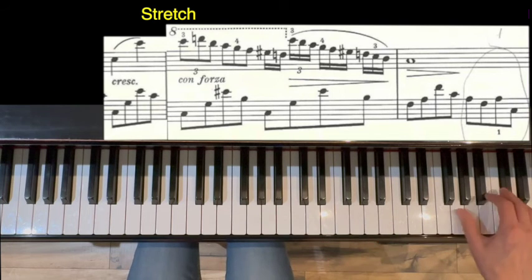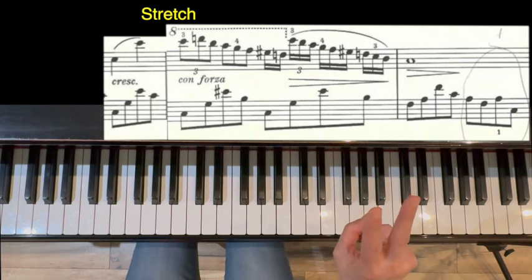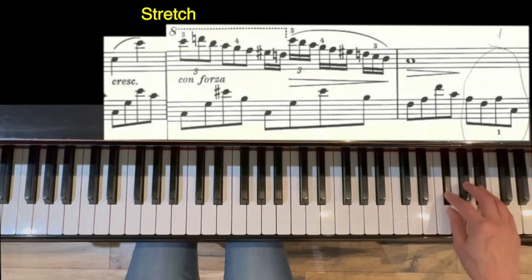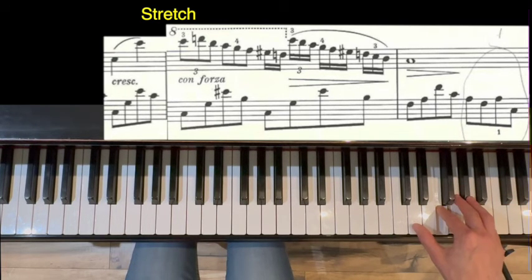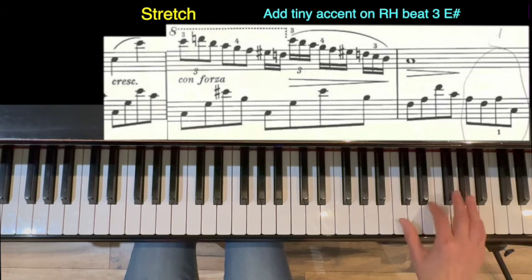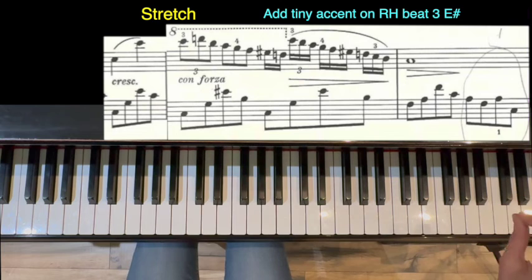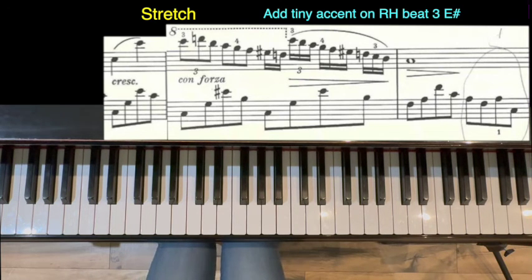Item 2 is that the first 2 beats of measure 13 are going to be strong. So all the way to here, that's where we're going to add a tiny accent, and then that tiny accent will propel us down with that diminuendo. All right, so let's try that.